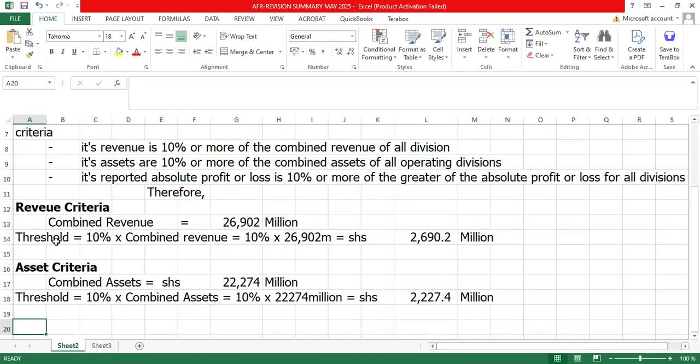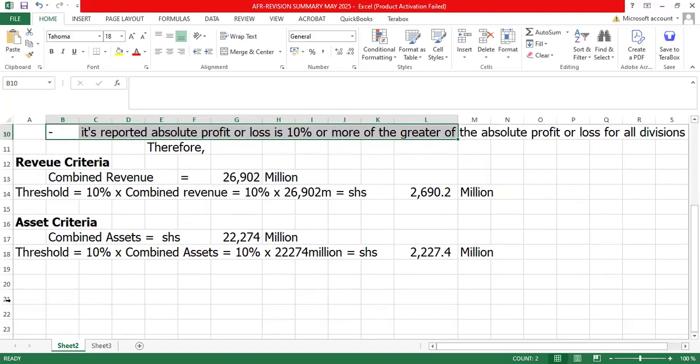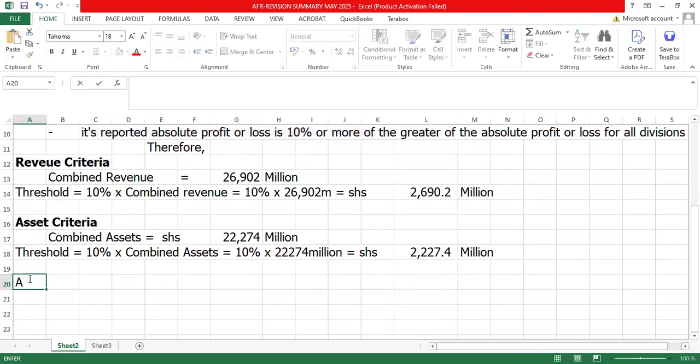Now for this criteria, for the last one, you need to pay attention here because people make mistakes. This is the absolute profit or loss parameter, or you can say criteria.